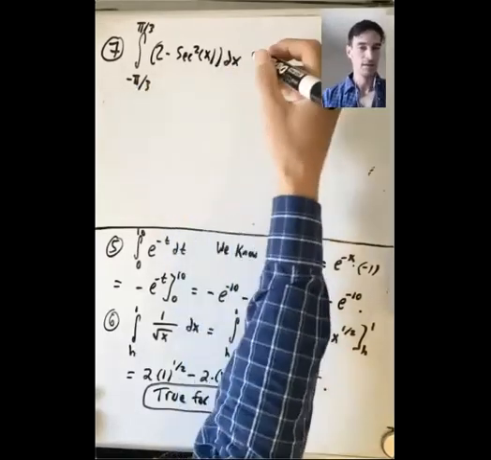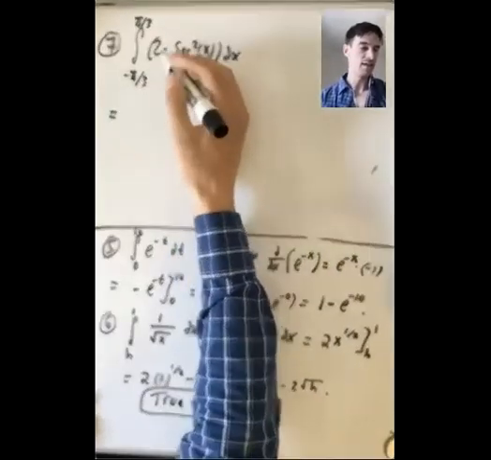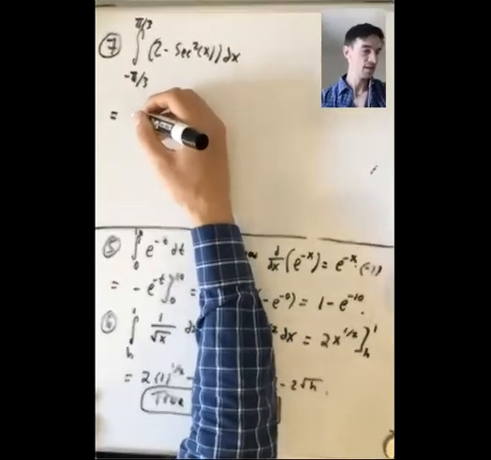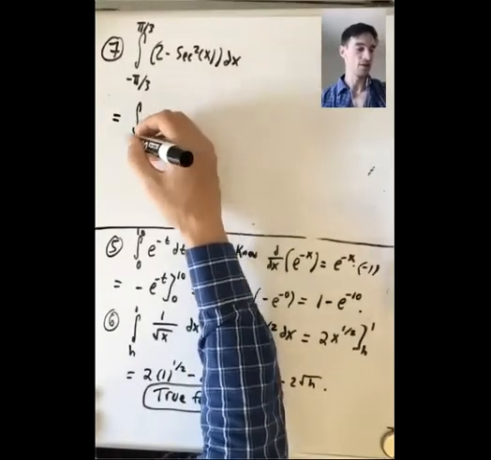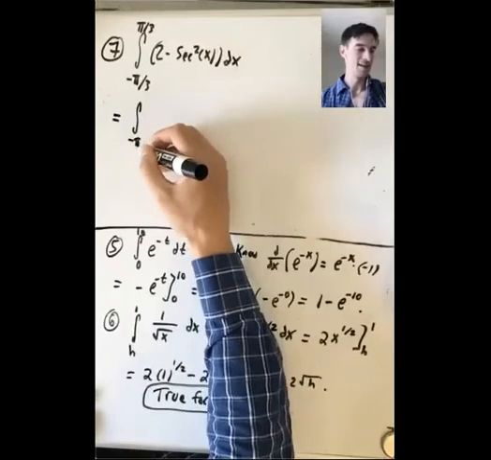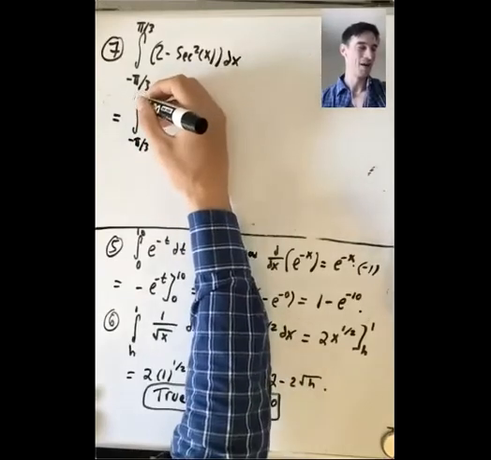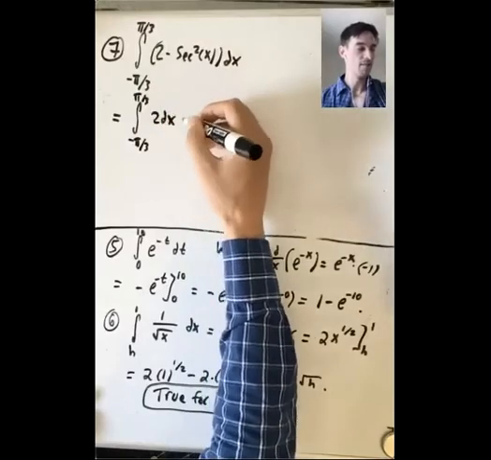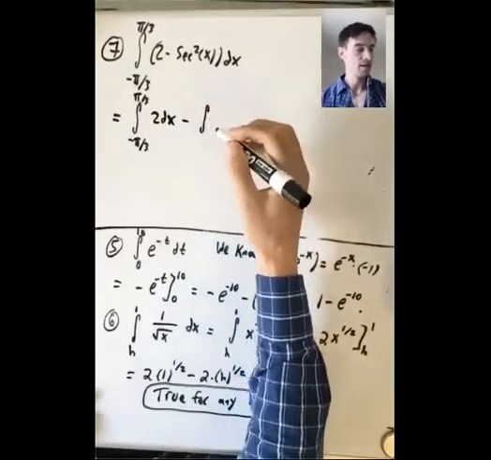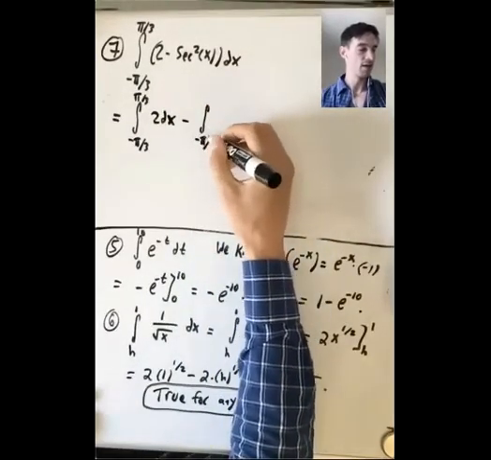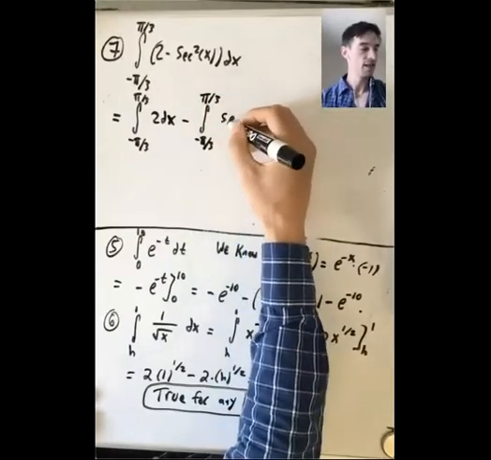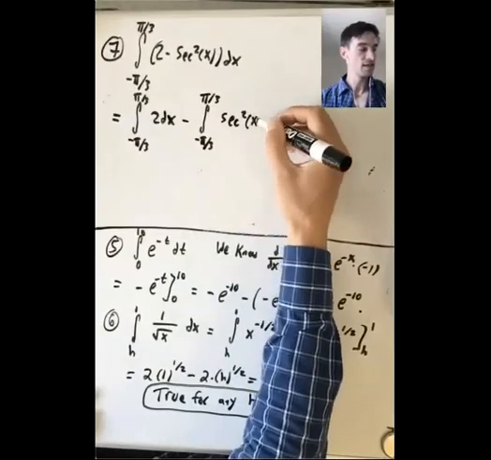Well, first thing to do is this is the integral of a difference of two things. It is the difference of the integrals. So the integral from minus pi over 3 to pi over 3 of 2 dx minus the integral from minus pi over 3 to pi over 3 of secant squared x dx.